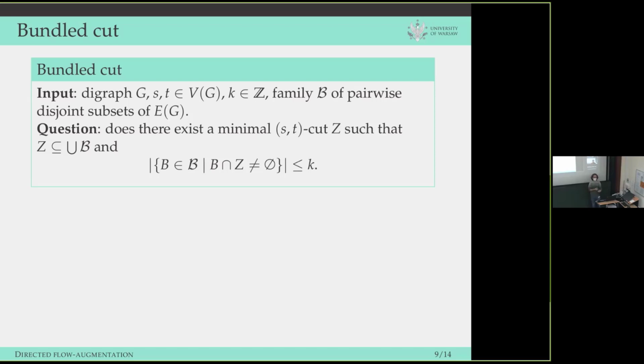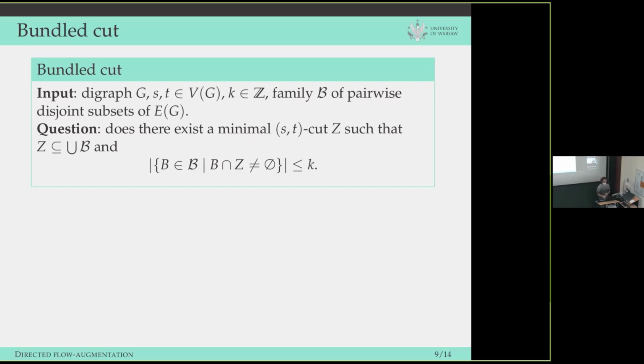So that's the idea, and I want to phrase it as finding a minimal cut that intersects as few bundles as possible. That's another way of phrasing the same problem, but I want to think of minimal ST cuts that intersect as few bundles as possible.